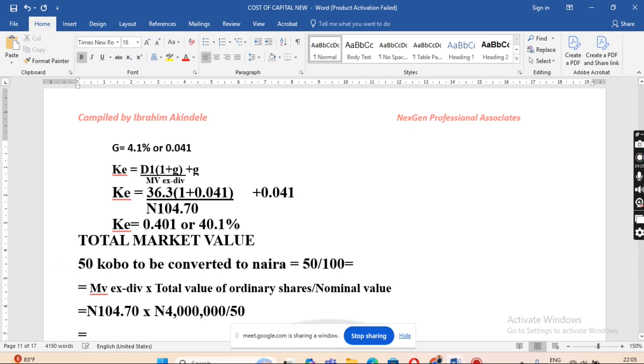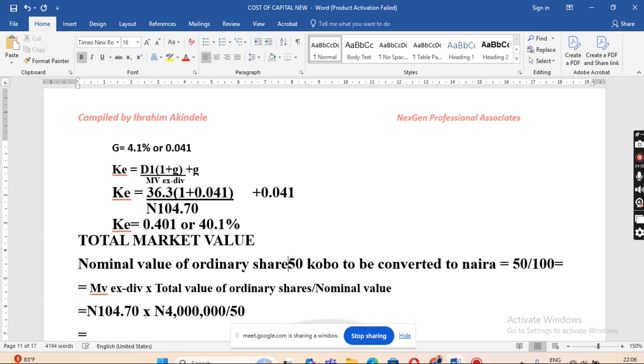What do you have, class? This is the nominal value of ordinary shares. What do you have? 0.5. Okay, good. 0.5.